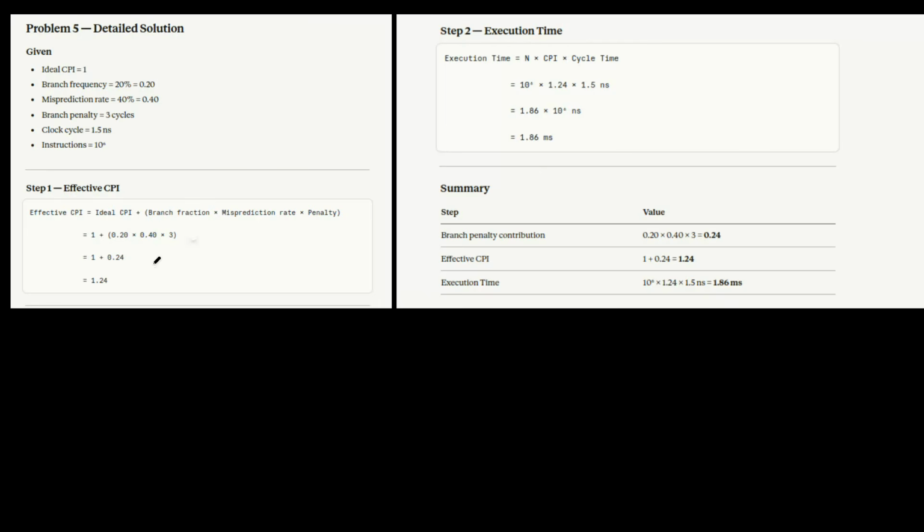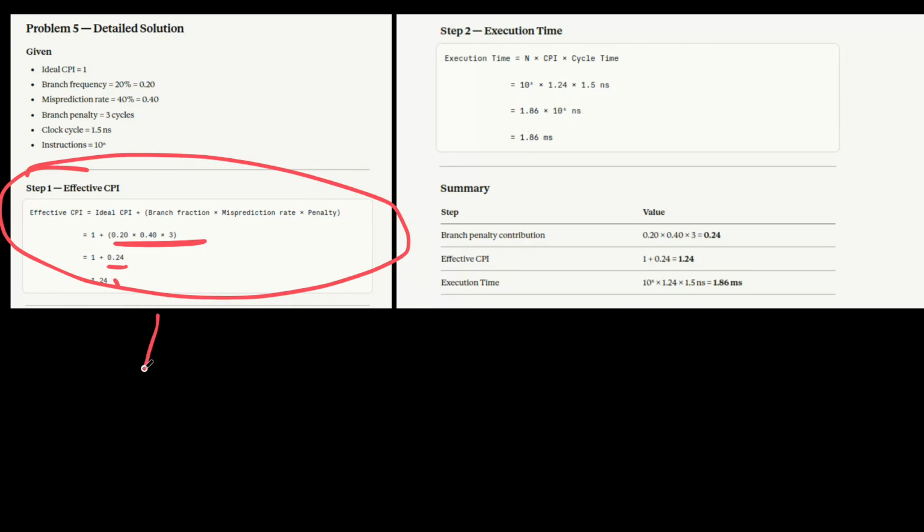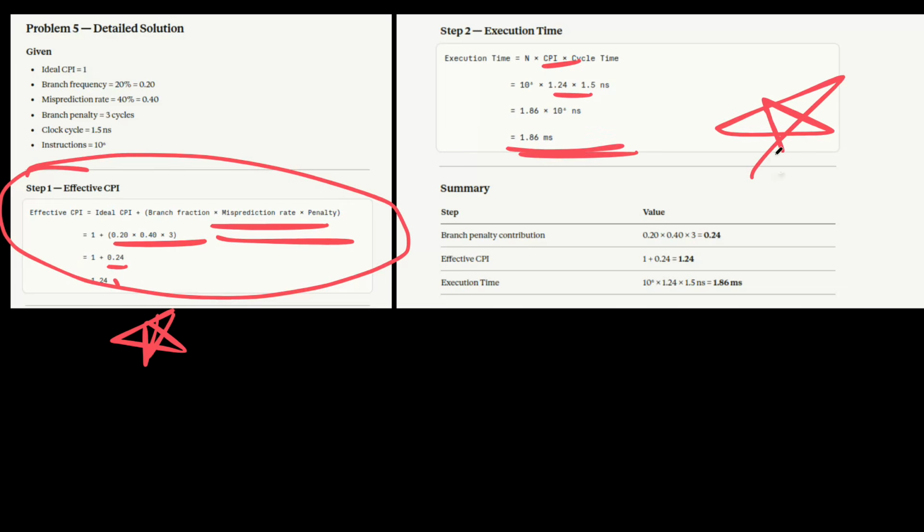0.08 into 3 you have to take, that is 0.24. So in order to calculate effective CPI, we are using this formula: ideal CPI plus branch fraction into misprediction rate into penalty. You will get this effective CPI value, and you put it into our basic equation.